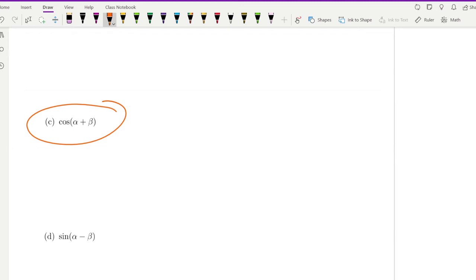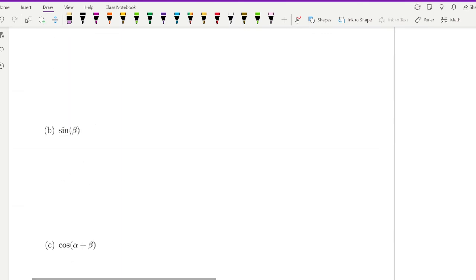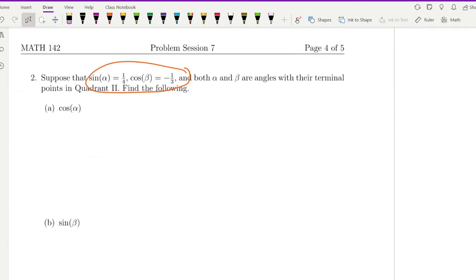So as an intermediate step, what you need to do is find sine and cosine of whatever information is missing. We're given sine of alpha, that means we now need to also find cosine of alpha, and we're given cosine of beta, so we also want to find sine of beta, because as we'll see in a little bit, we need all of those different values in order to actually use the angle addition and subtraction formulas.